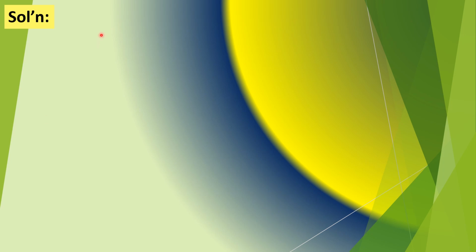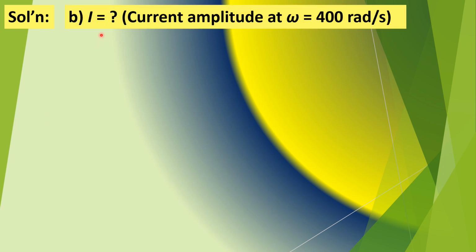Okay, moving on with our solution. For question letter B, we are required to determine the current amplitude, capital I, at a given angular frequency omega equals 400 radians per second.